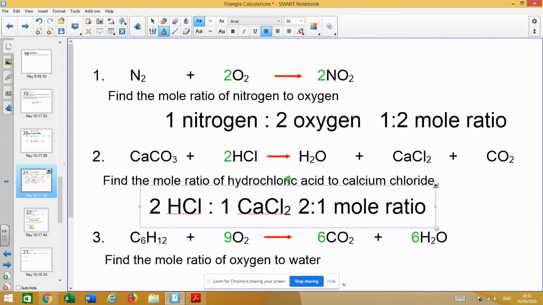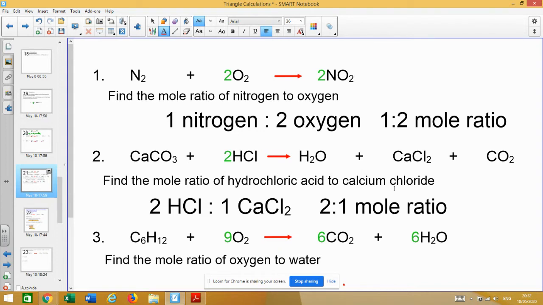It's important to note the difference between these. They are not both the same. So a 1-to-2 mole ratio is not the same as a 2-to-1 mole ratio from the point of view of we'll be doing a different thing with it when we come into the main calculation. So hydrochloric acid to calcium chloride gives us a 2-to-1 mole ratio.